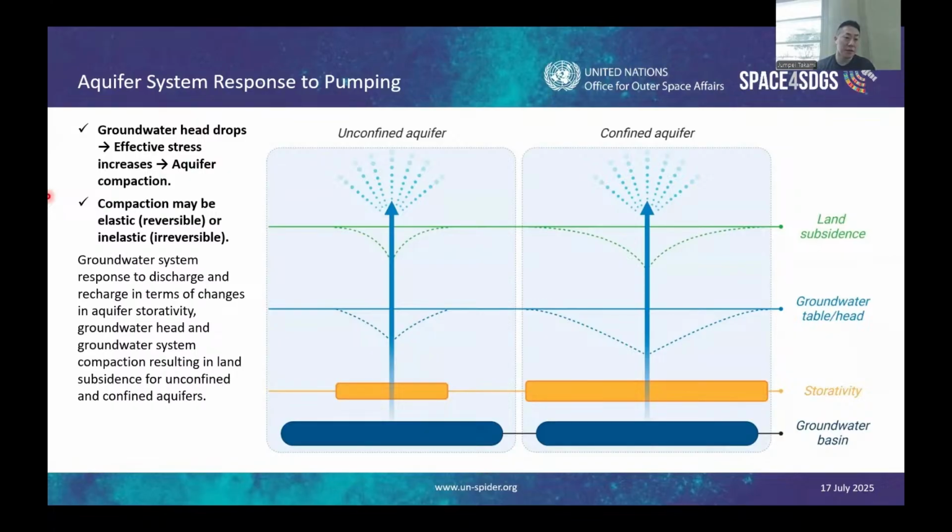Groundwater head drops, effective stress increases, and aquifer compaction occurs, which may be elastic or inelastic. So the groundwater system responds to discharge and recharge in terms of changes in aquifer stratigraphy, groundwater head, and groundwater system compaction, resulting in land subsidence for unconfined and confined aquifers.